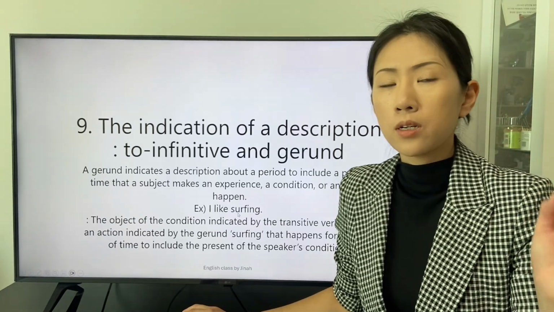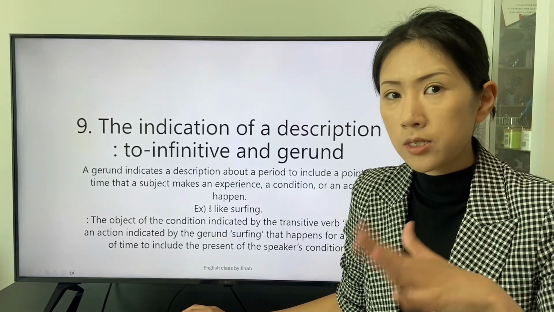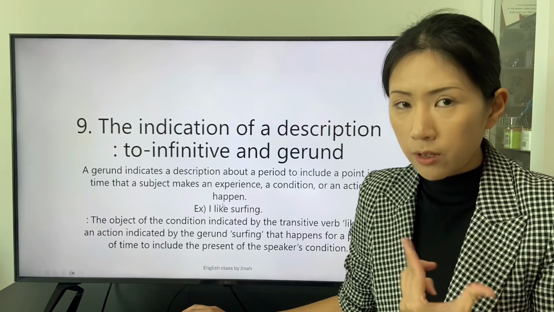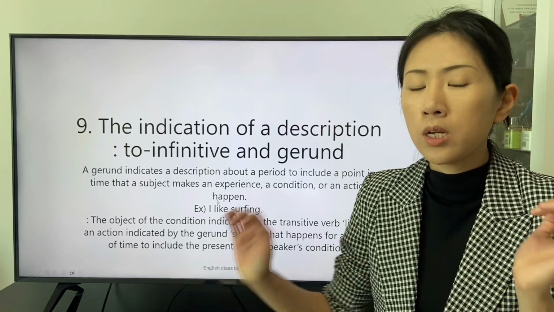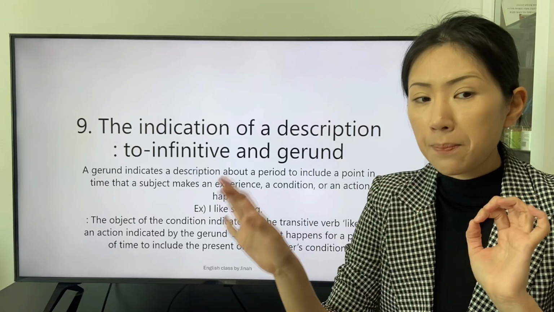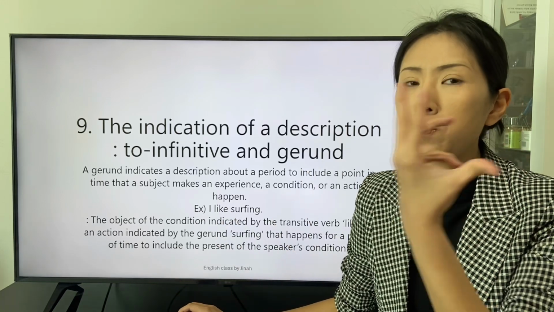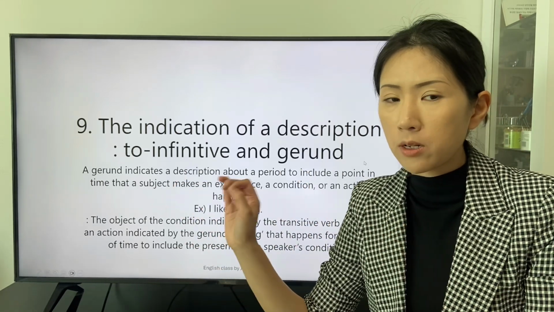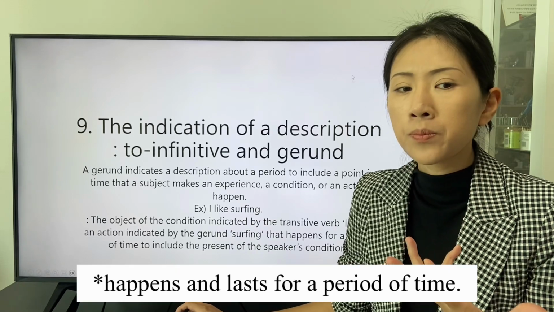There is an example. I like surfing. This clause is about the condition of the speaker. So the condition of the speaker happens when the object of the condition indicated by the gerund surfing.